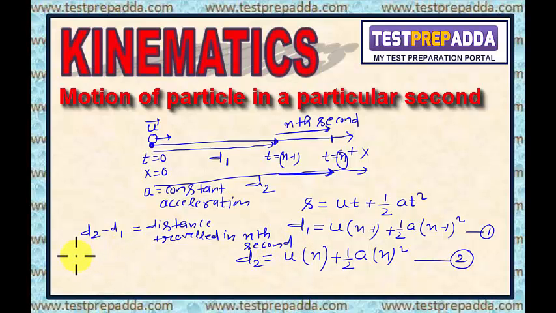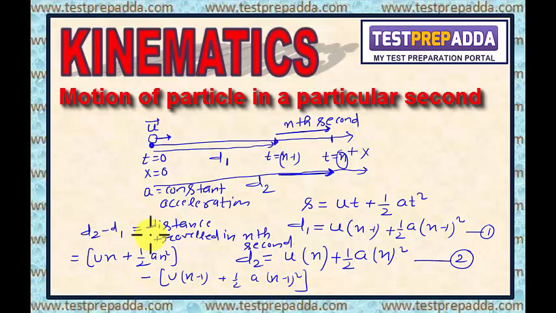So it will be written as u n plus half a n square minus u into n minus 1 plus half a into n minus 1 square. So this way we will find the distance traveled by the particle in nth second.